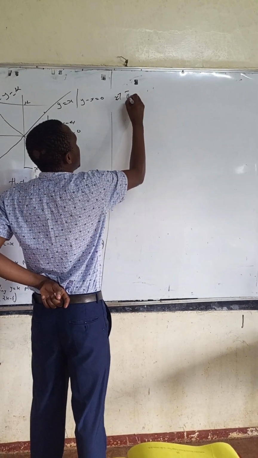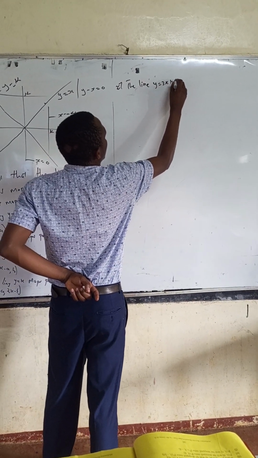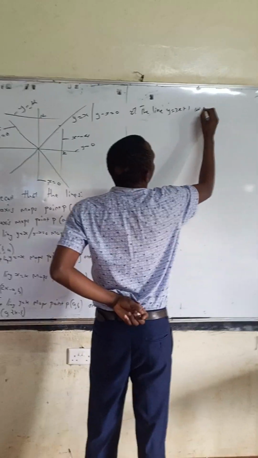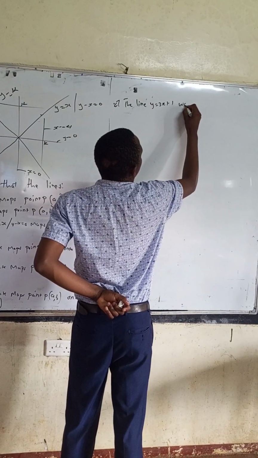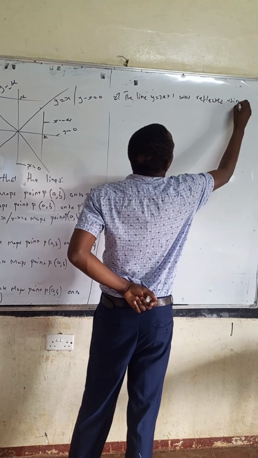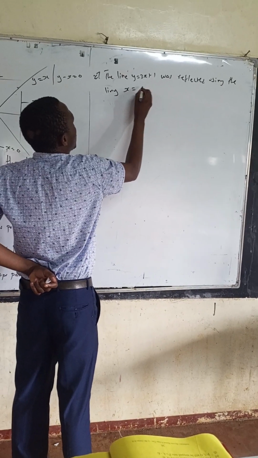Another question is: the line y is equal to 3x plus 1 was reflected using the line x equals to 6.